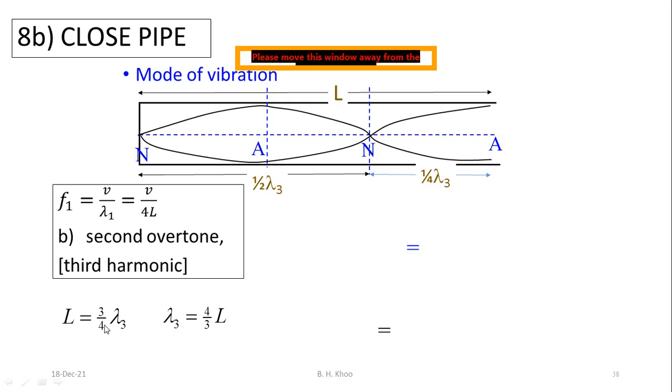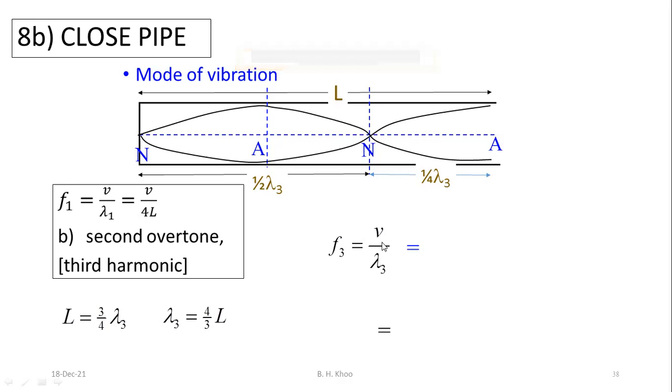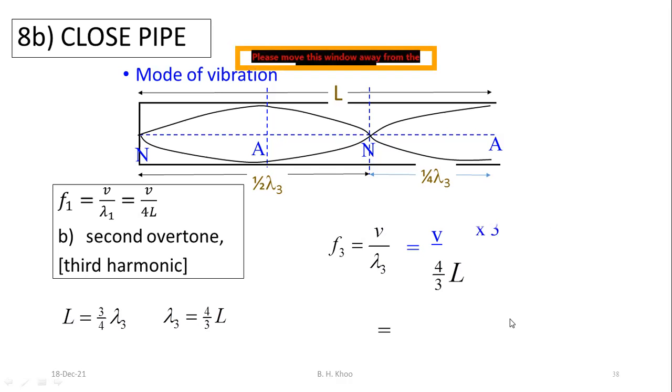Then take your 4 across there and 3 down, then you get lambda 3 is 4L over 3. And F3 is V over lambda 3. Replace lambda 3, multiply by 3 to get rid of the 3, cancel the 3, so you get 3V over 4L.